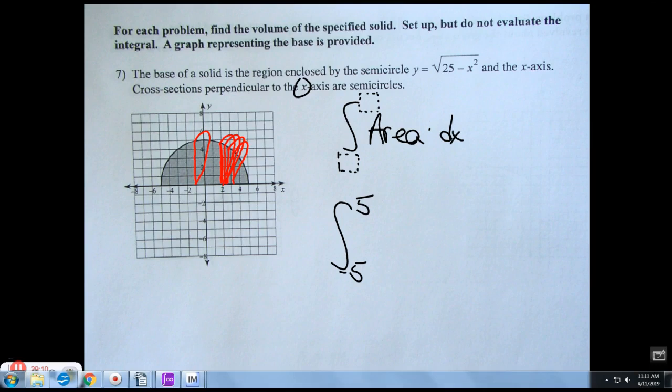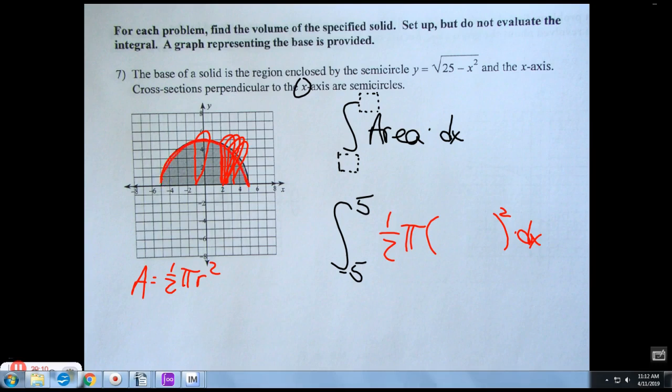Well, what's the area of a semicircle? I would say 1/2 pi r squared. So I want to integrate 1/2 pi r squared, but I'm going to leave the variable part blank. dx or dy here? dx, because I'm perpendicular to the x-axis. And in place of the radius, every one of these things is a radius.